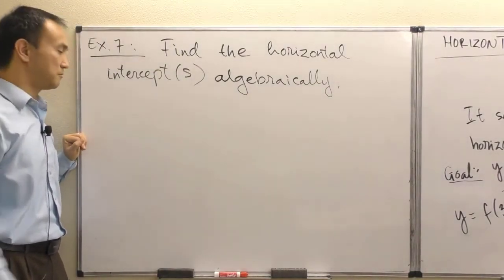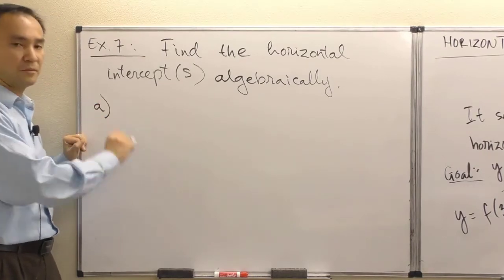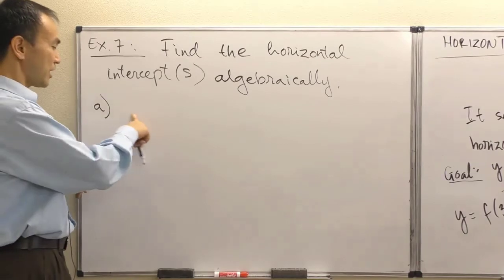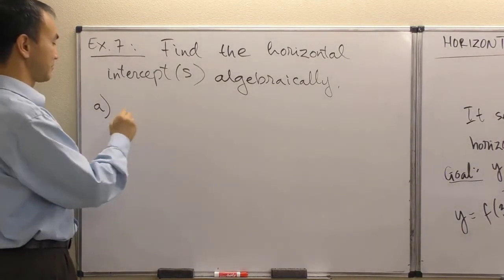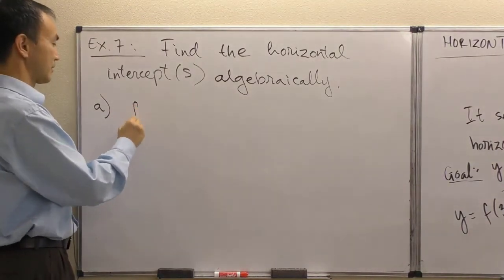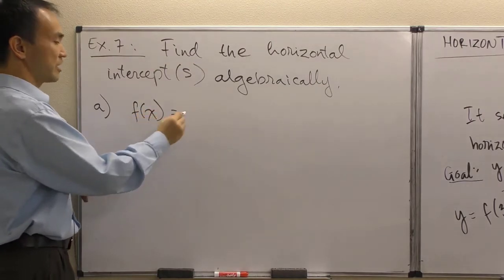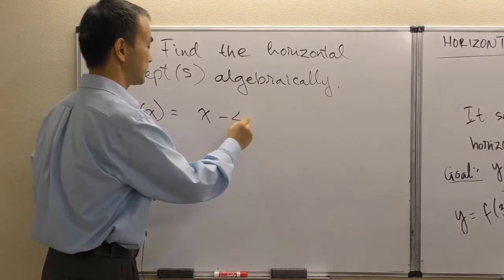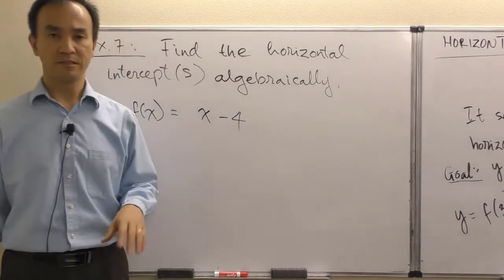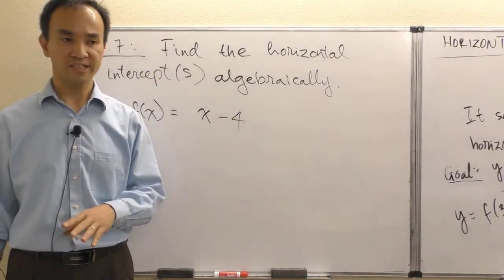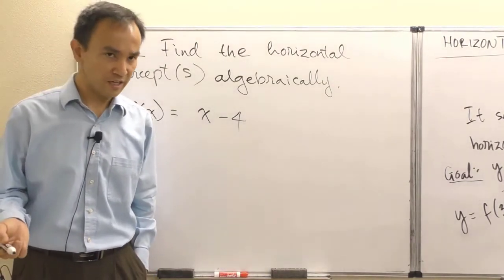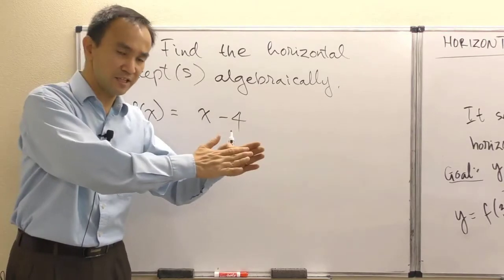Now let me introduce part A. My function here, my polynomial here, is x minus 4. You will be shocked that I gave such an easy problem, but I want to build your skill again in case your past understanding has faded away.